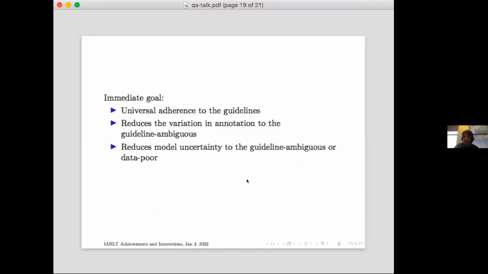So once all the guidelines are formalized and the entire tree bank is passing all of the guidelines, then any inconsistencies in annotation will only be because the guidelines are ambiguous. And this is going to reduce the uncertainty in models, in the language models that we're training, to places where we're data poor or guideline ambiguous.